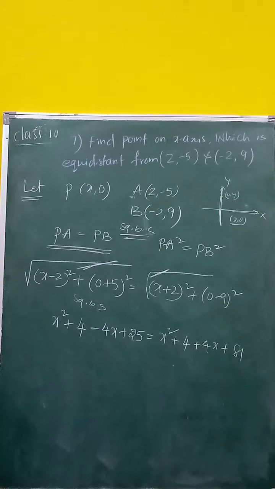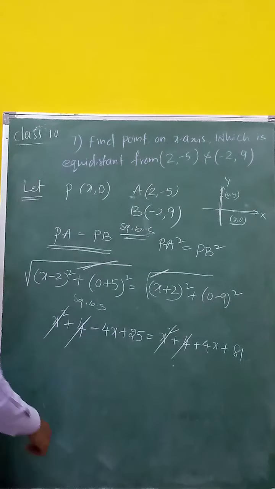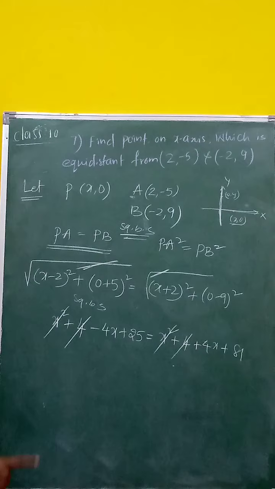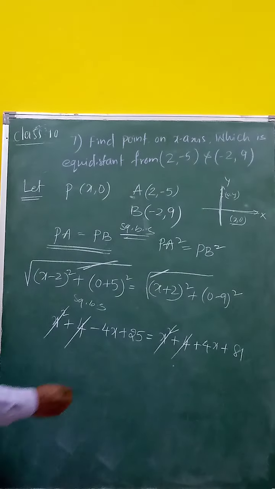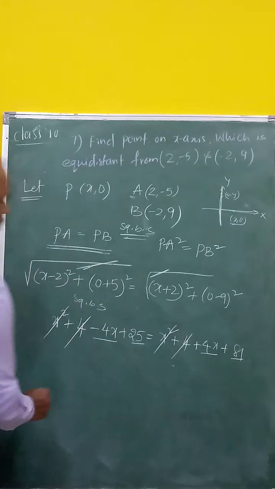Okay. Any equal terms, cancel them. x square cancels, and the equal term 4 also cancels. Now the remaining are the variables and two constants, the numbers 25 and 81. Here minus 4x and there plus 4x.